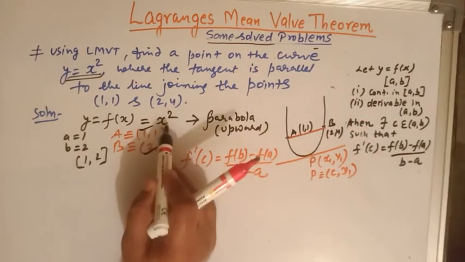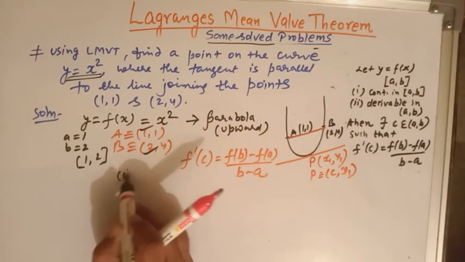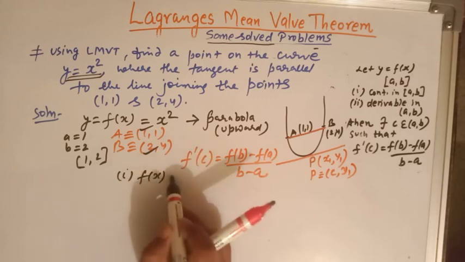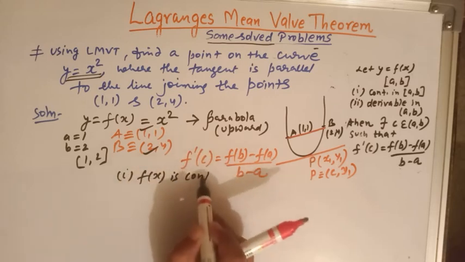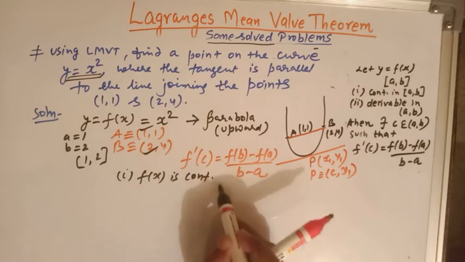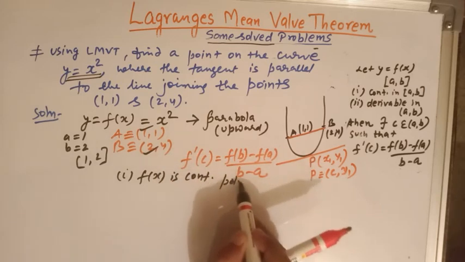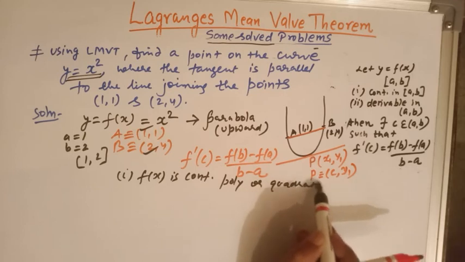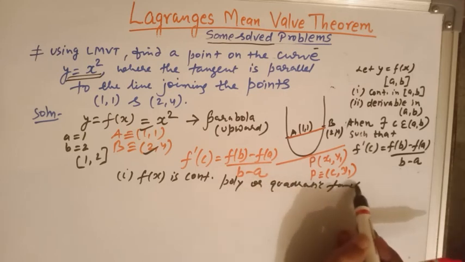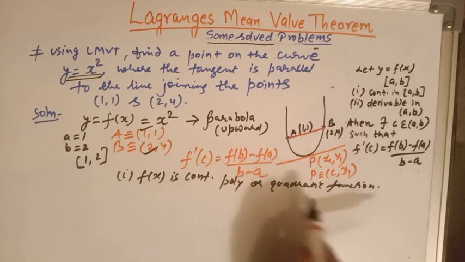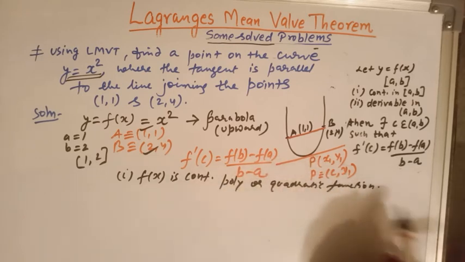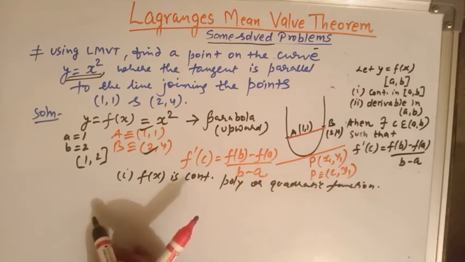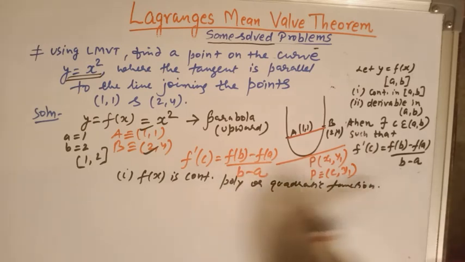f(x) is continuous, because it is a polynomial function, a quadratic function. Clear? It is a quadratic polynomial, and every polynomial function is continuous in its domain.